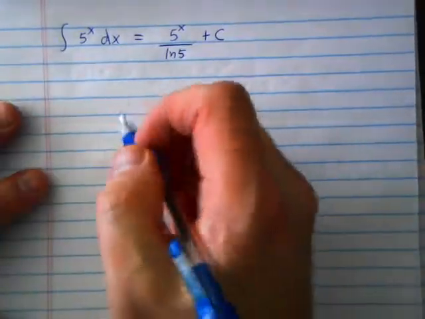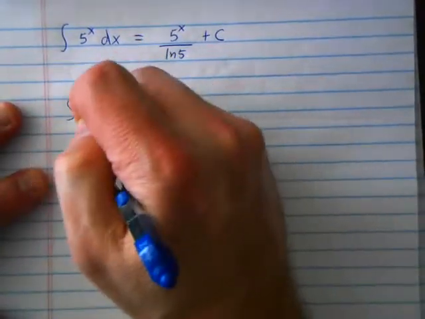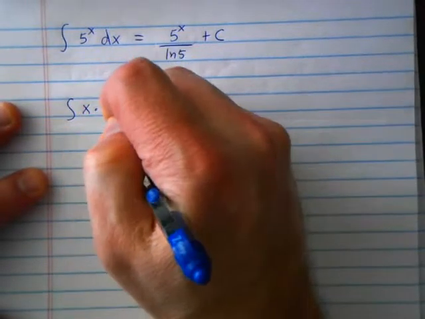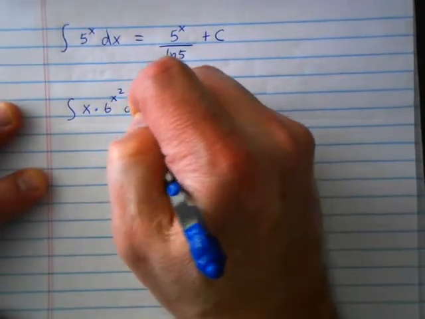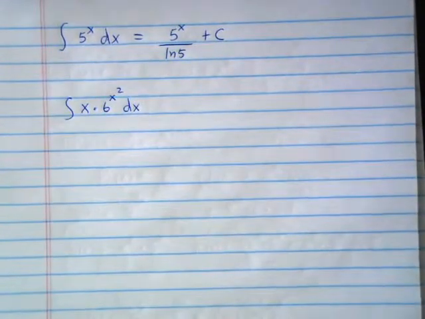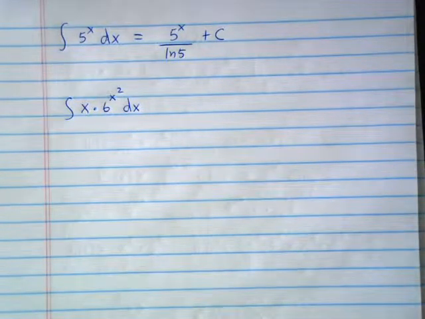Alright. How about the integral of x times 6 raised to the x squared dx? Any good thoughts on that one? U equals x squared.